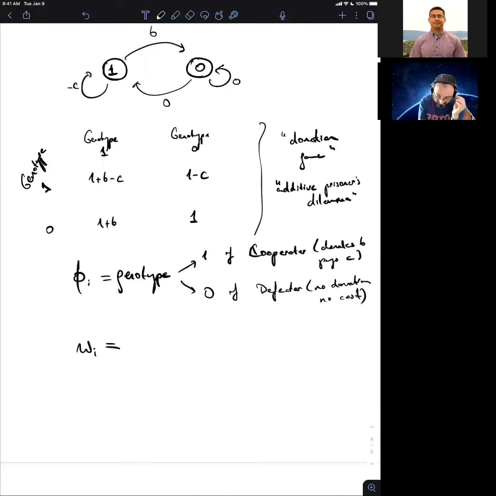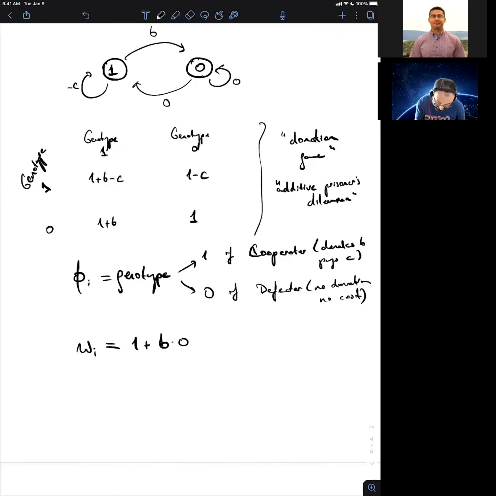by writing individual I's fitness. Individual I's fitness is 1, so everybody gets this 1. That's the baseline fitness. You only get the benefit B if your partner has genotype 1. So if the focal individual is I and the partner is J, you only get that benefit B when your partner is of genotype 1.